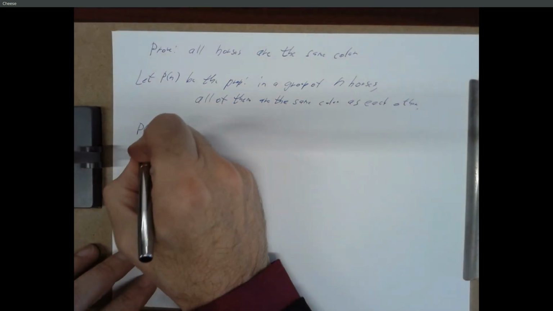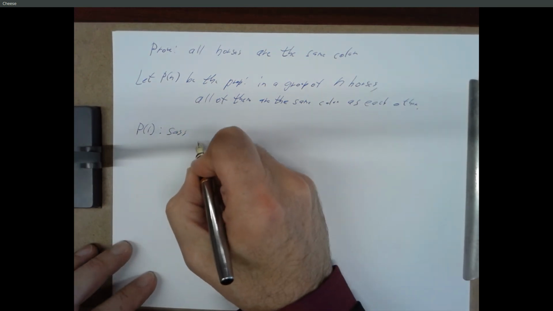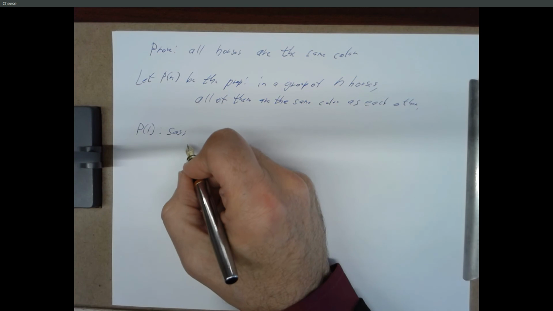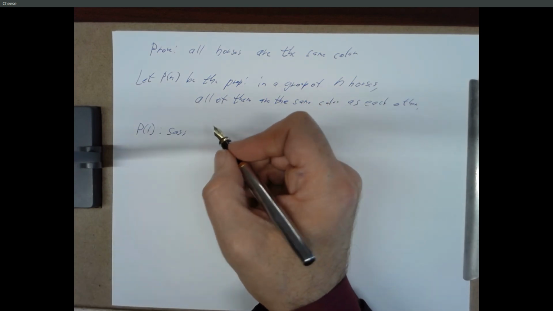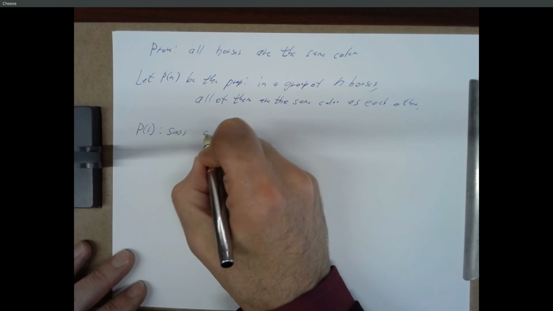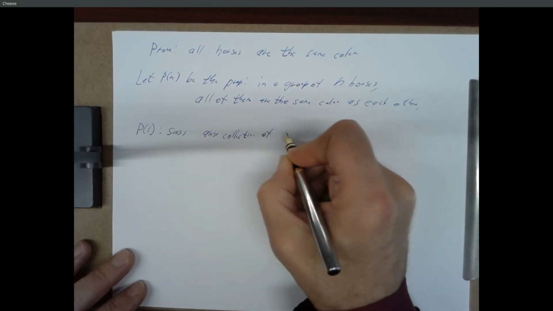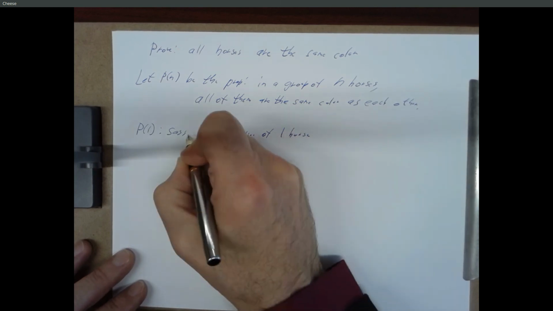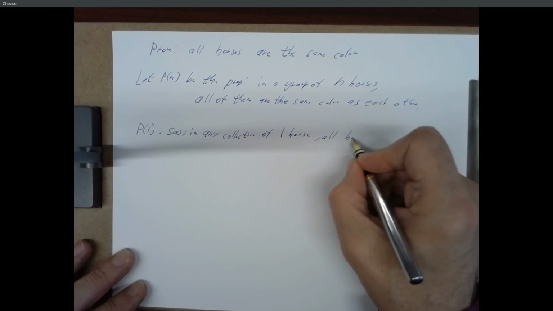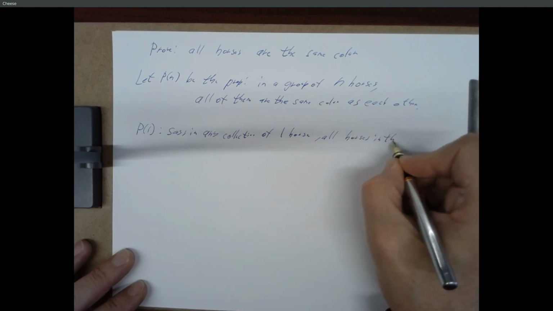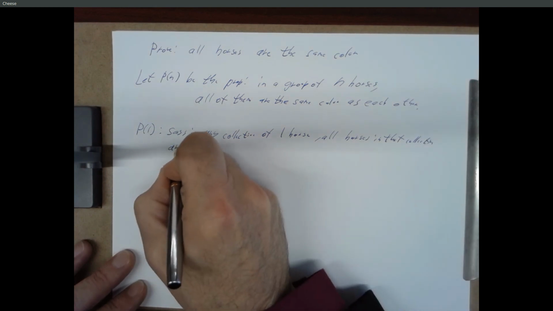Okay, what does P of 1 say? P of 1 says, in a group of 1 horse, every horse in that group has the same color. Well, that's obviously true, right? In any collection of 1 horse, all horses in that collection are the same color.